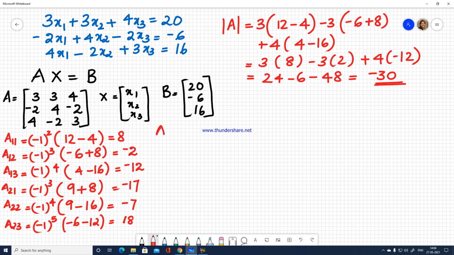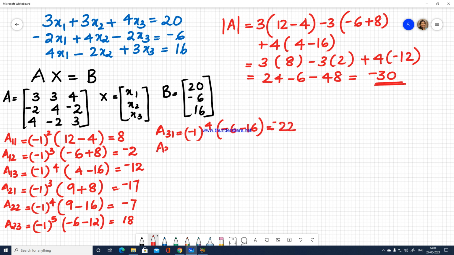Now we find A31, which is equal to minus 1 raised to 4, times (6 minus 16). That is minus 22.